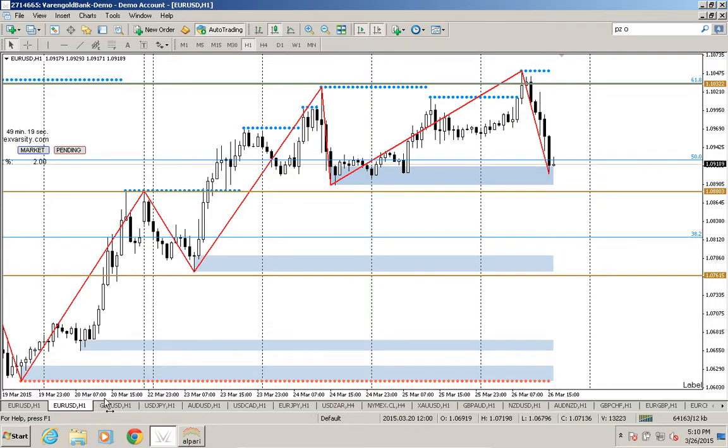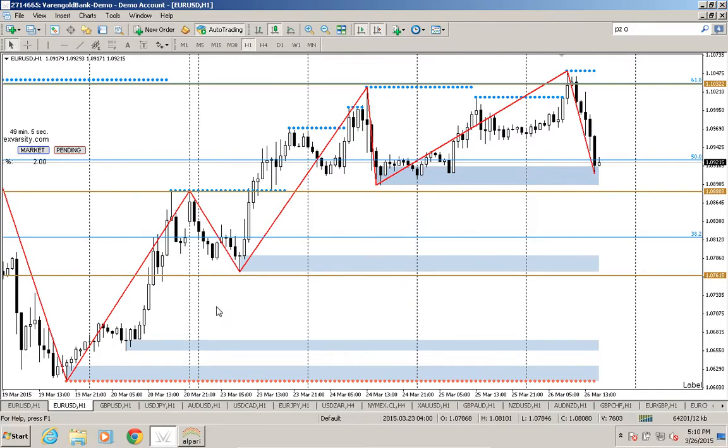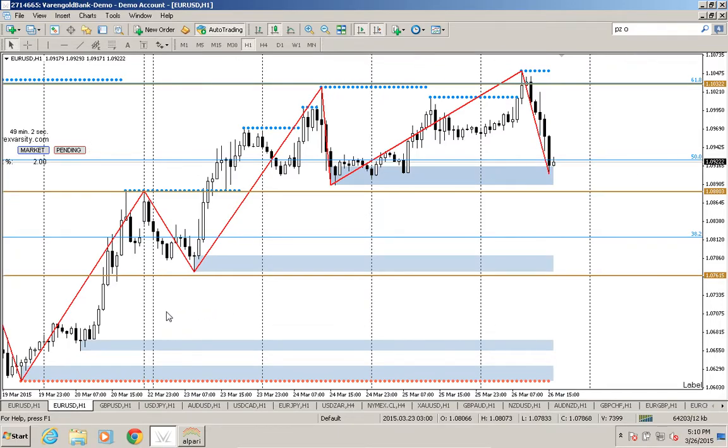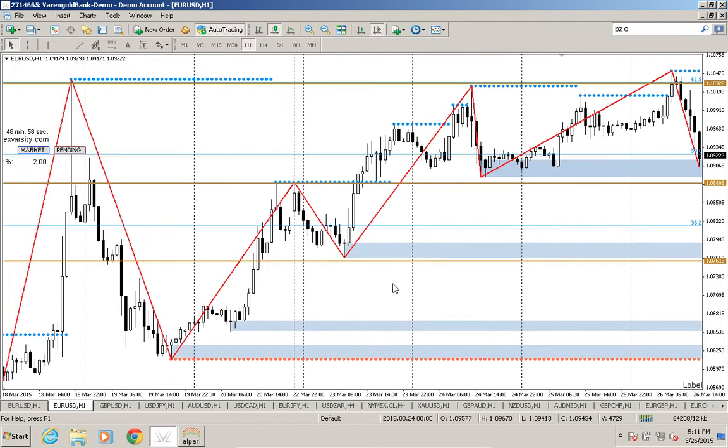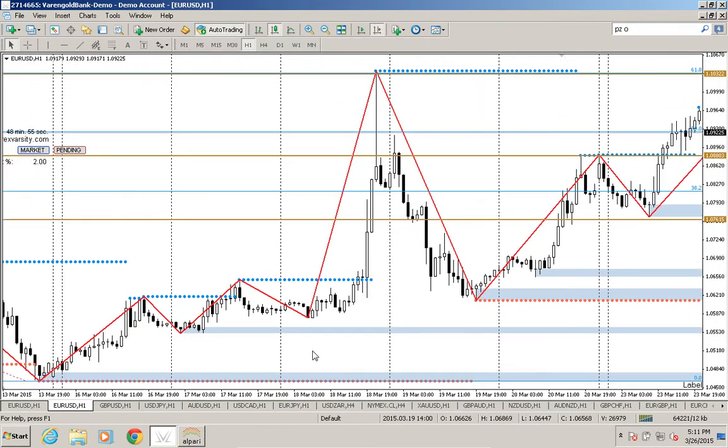So let's just start on the Euro US dollar. If you go to your Euro US dollar chart, you can see we are in an uptrend on the 1 hour chart. Where did this uptrend start?